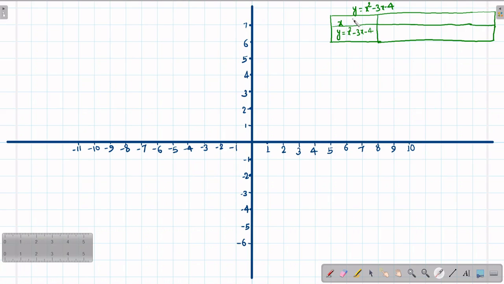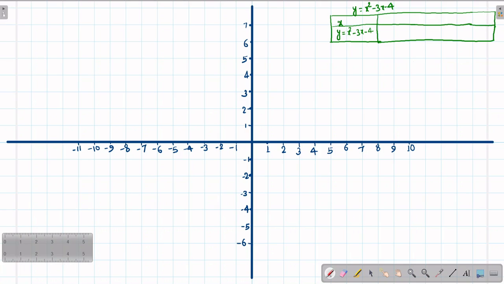Now let's take an example of a quadratic polynomial, say y is equal to x square minus 3x minus 4. So again we need to do the same thing.